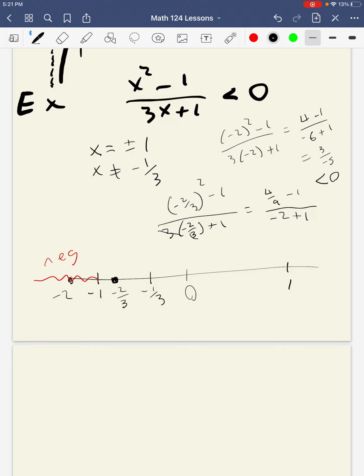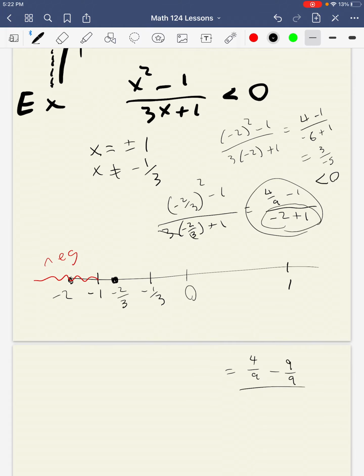Right, these 3's cancel. So that's 4 minus 9 all over 9, all over -1. I skipped a few steps there. Let me do that a little slower. So let me take this, come down here with it. We have 4 over 9 minus 1, but I'll call 1 9 over 9.